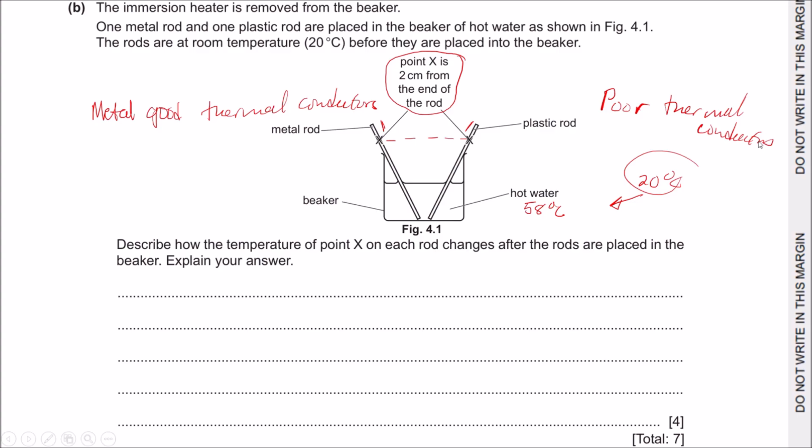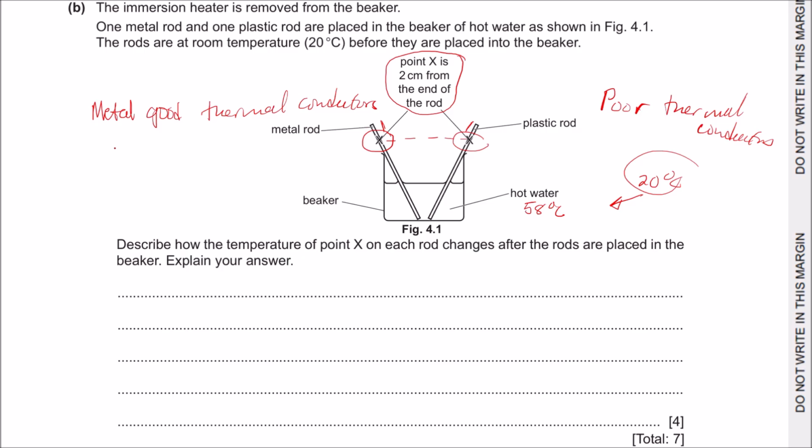With this in mind, we expect heat to reach X faster on the metal rod than on the plastic rod. But why is it that we're saying heat will reach this point faster than this point? Let's look at the mechanism of conduction.